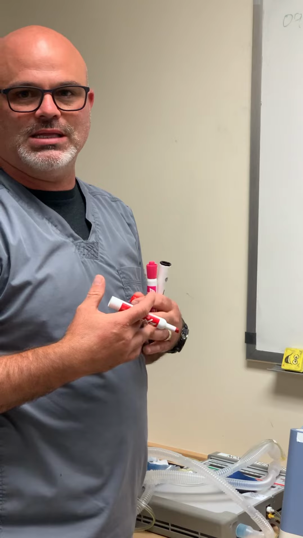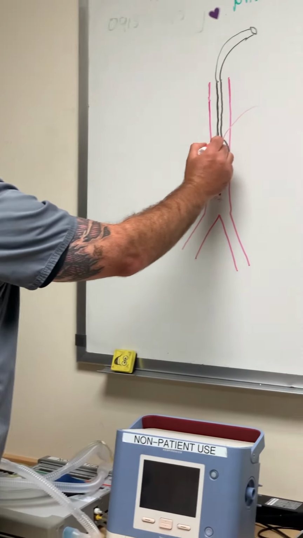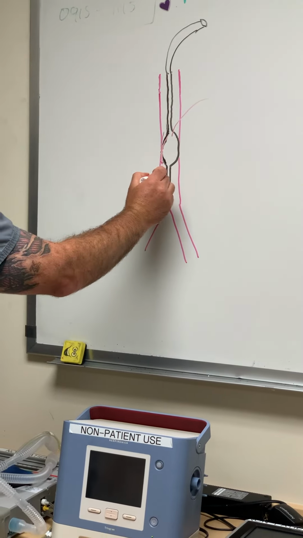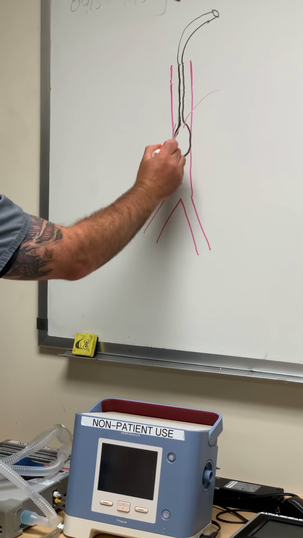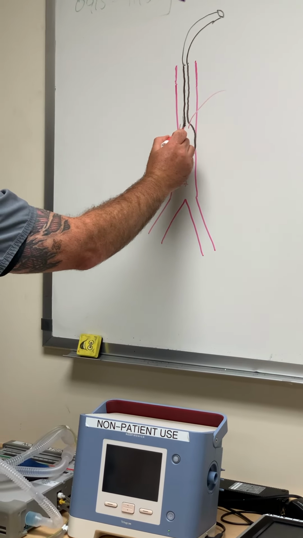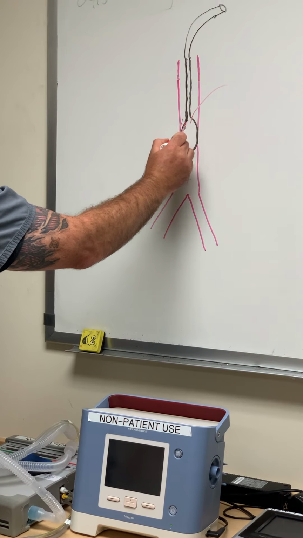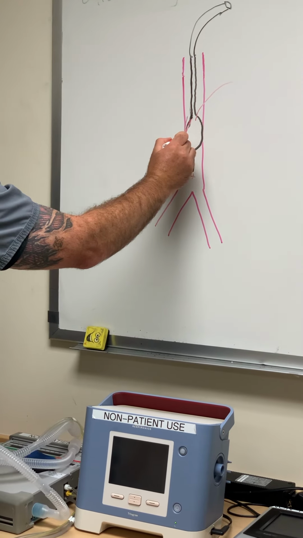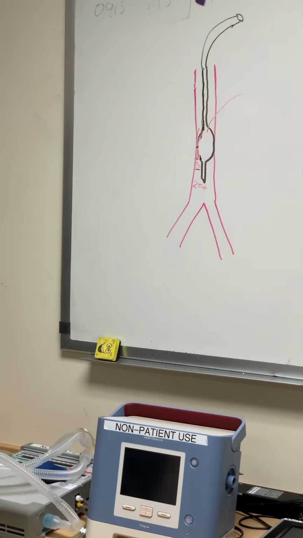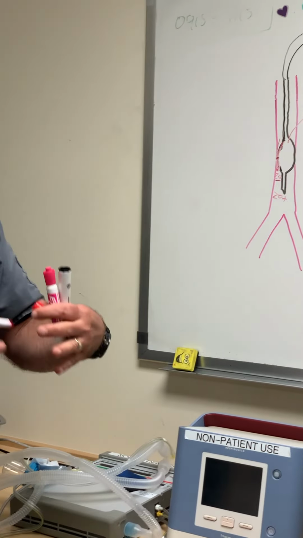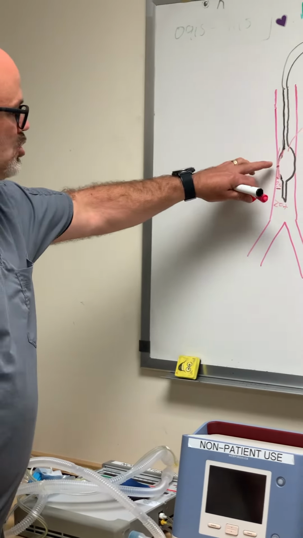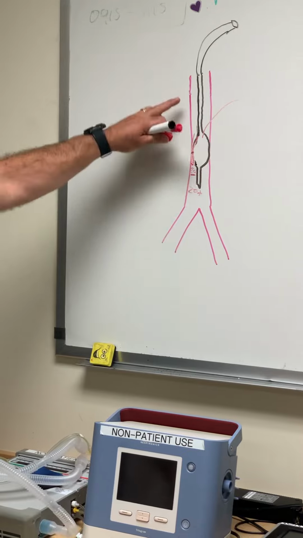We're listening for the leak. And we're inflating this cuff so that if we're giving a PIP of 20 to the patient, we probably have to inflate this cuff so that it pushes on the tracheal wall with a force of 20 centimeters of water. It has to have that 20 centimeters of water here, otherwise a leak is going to occur.